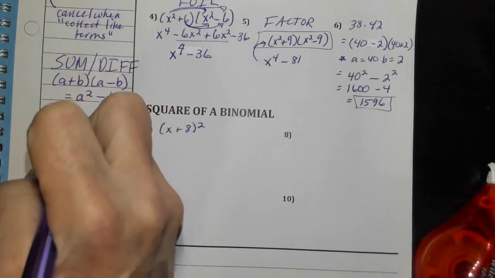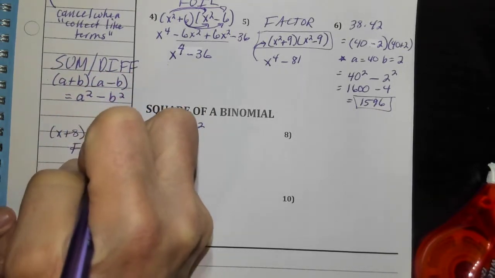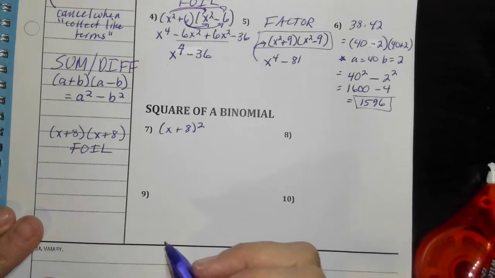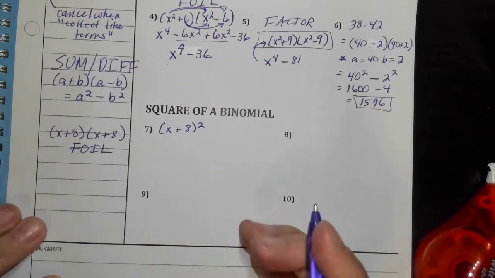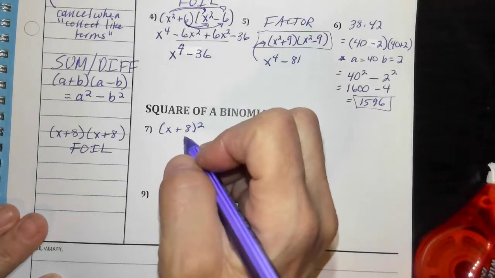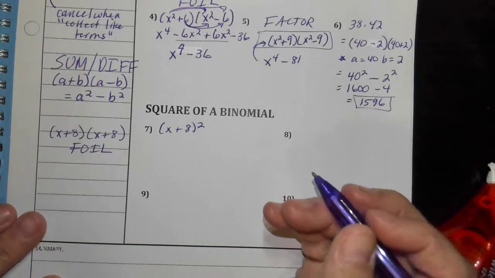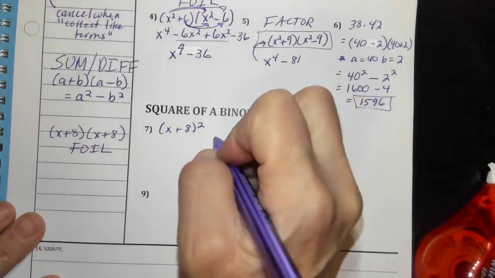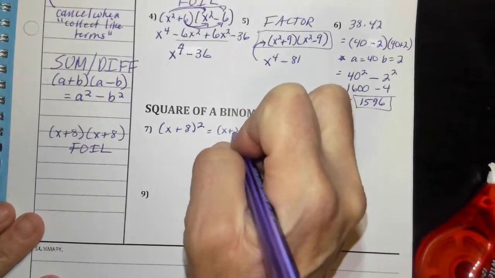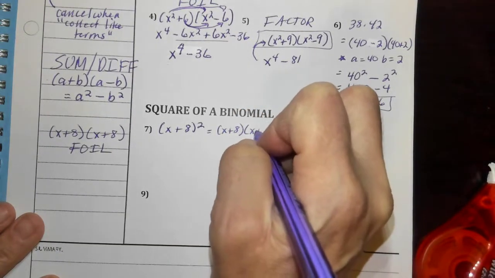And then I could FOIL after that and draw my arrows and work it out. However, I think it's easier to use kind of this formula here, but it's a little different when you have something like this. So let's do this first one and FOIL it and see if we notice a pattern.